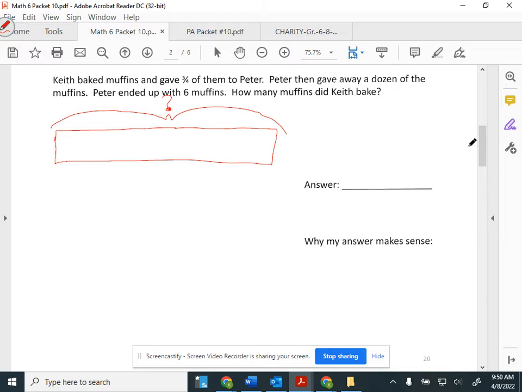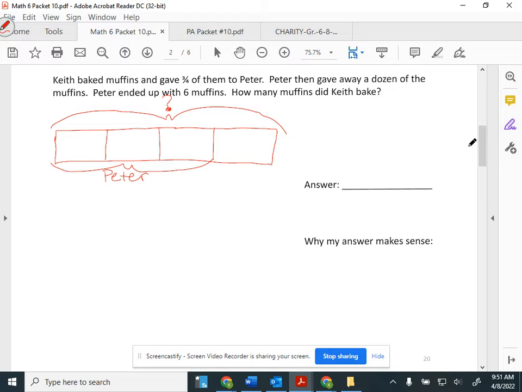Keith baked muffins and gave 3/4 of them to Peter. So how do you think I want to break my bar up if he gave 3/4 of them away? Into fours, because he gave 3/4 away. So these 3 he gave away. He gave to Peter. So Peter gets 3/4.